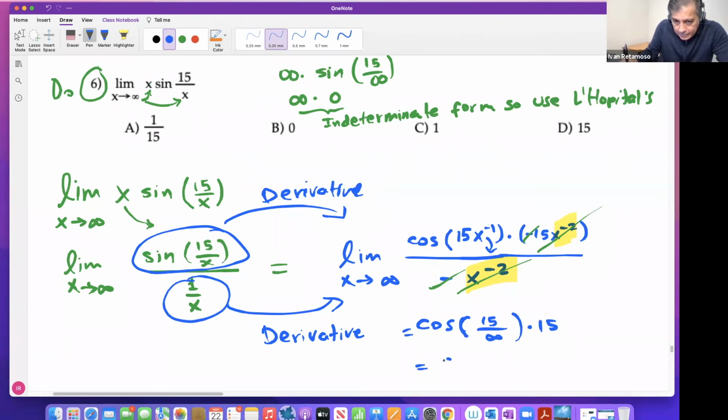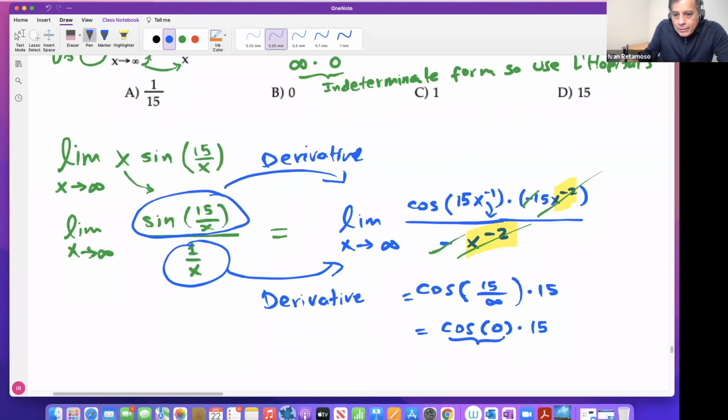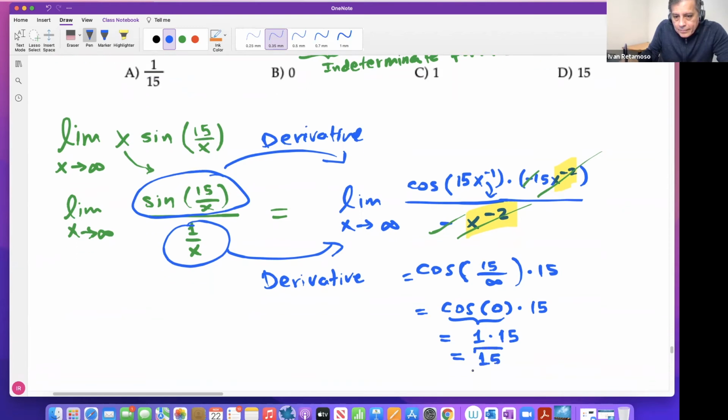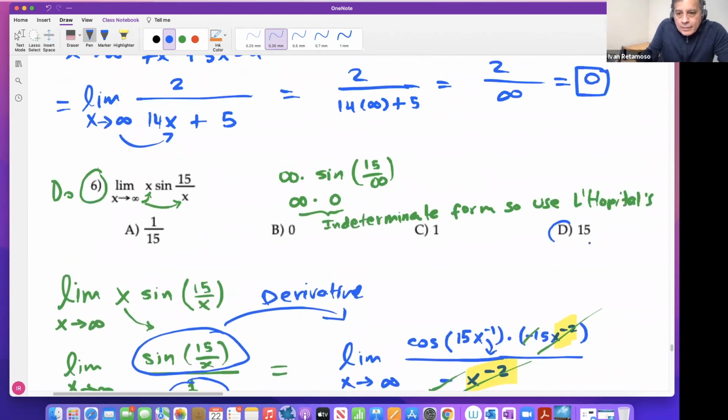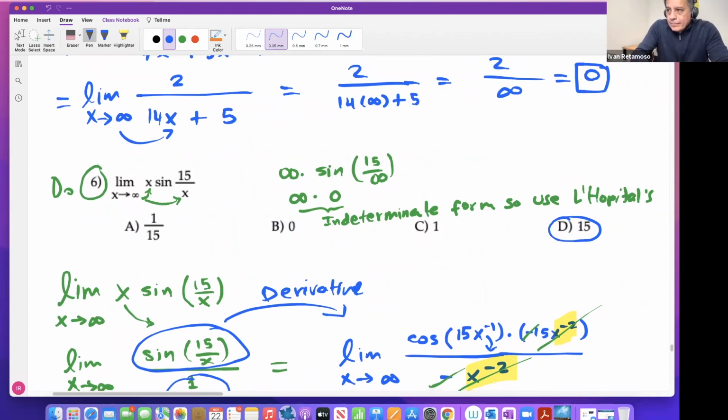Infinity into 15 is just equal to 0, so cosine of 0 is 1. 1 times 15 is 15, and that's it. Excellent. That is number 6, the last one, D.